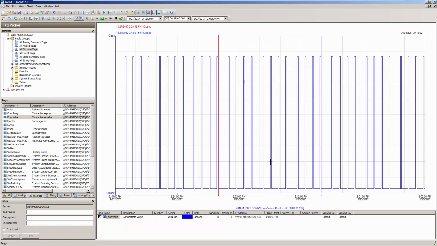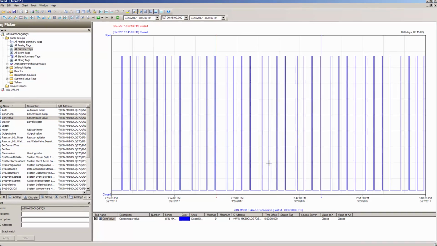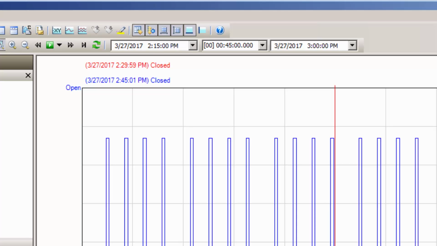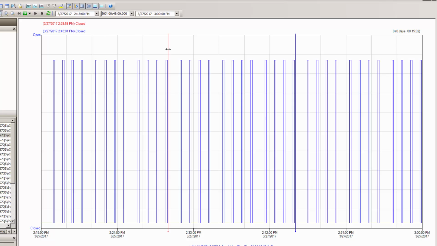My trend shows me the pattern of when things went on and when things went off. I only care about 15 minutes worth of data, and that's going to be between 2:30 and 2:45. I set this trend between 2:15 and 3 o'clock so that I can place my sliders around the 2:30 and 2:45 marks.